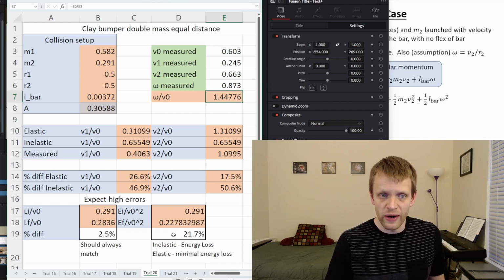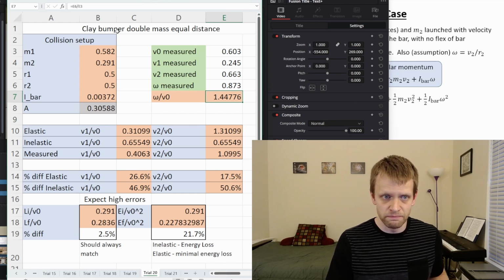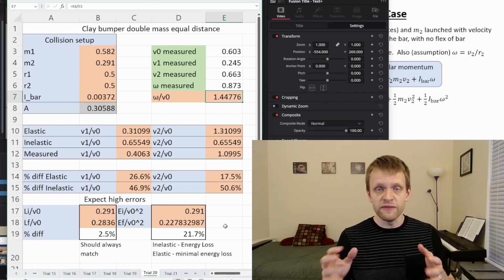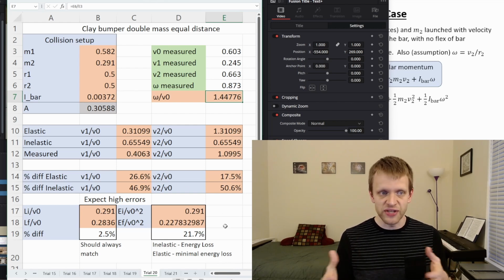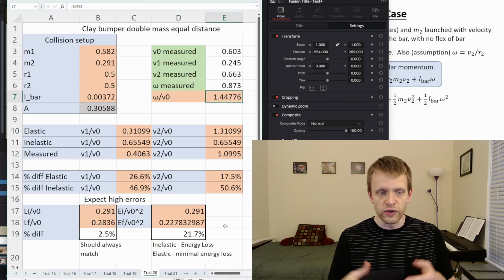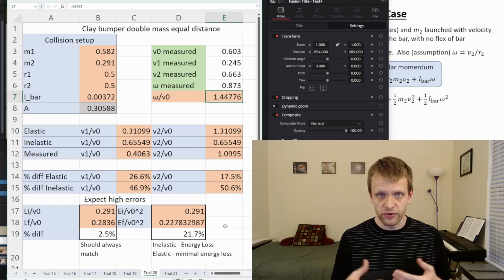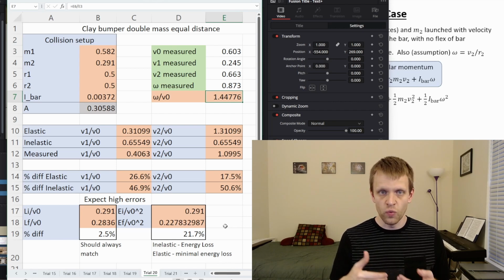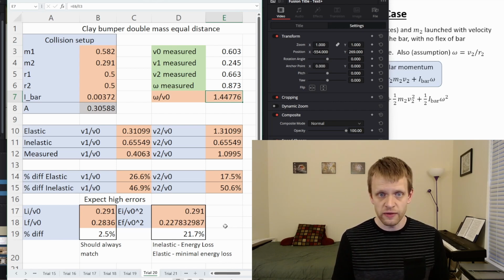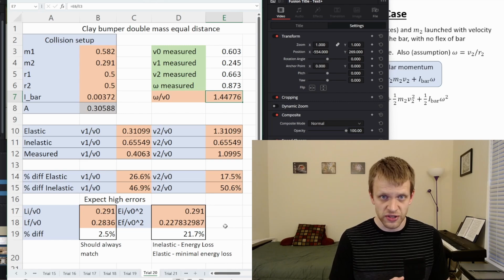A little bit more energy loss than the elastic cases for the same ones. Velocity ratios in the same area. Even though we have these different masses and different R values, we're still getting this conservation of angular momentum, and conservation of energy depends on what type of collision we're dealing with. Let's look at the next set of cases.